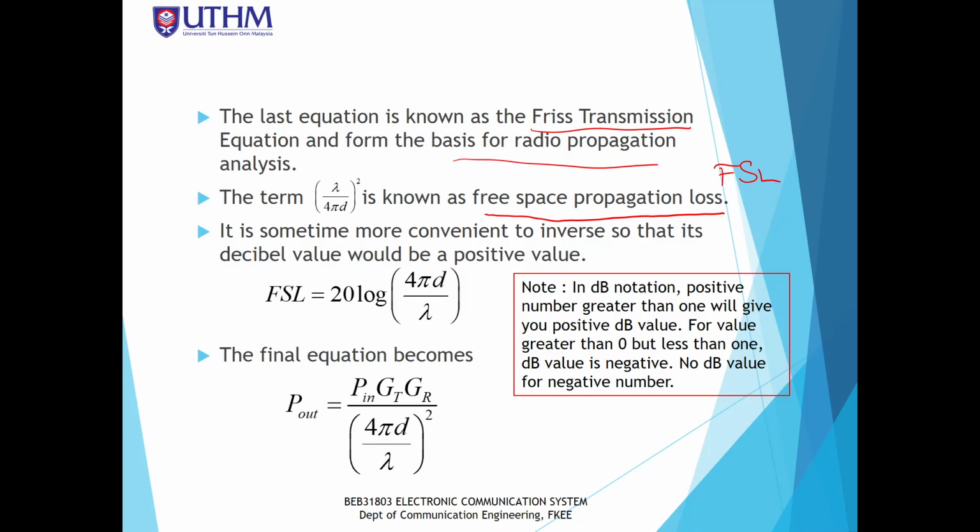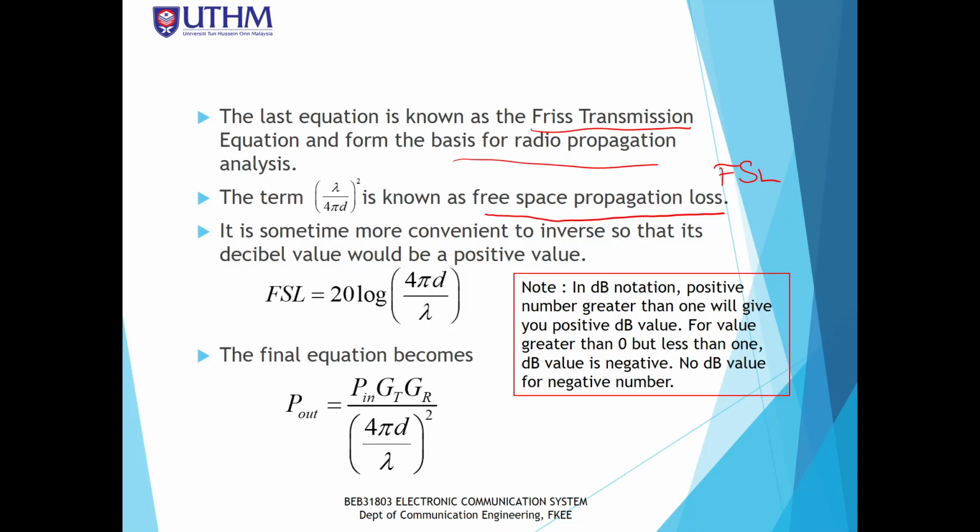This is what we call attenuation. FSL always happens. Dia mesti ada. In the Friis transmission equation, FSL will be there. That means the loss due to distance will always be there. Dia mesti ada dalam ni, disebabkan losses yang disebabkan oleh distance dan juga frekuensi yang digunakan.